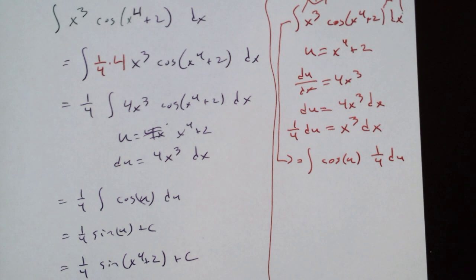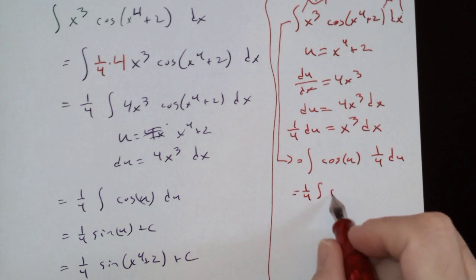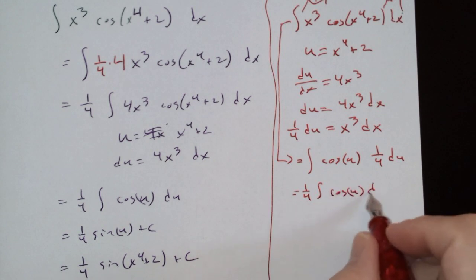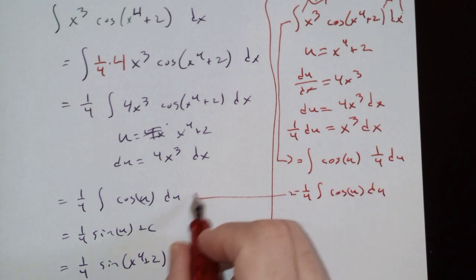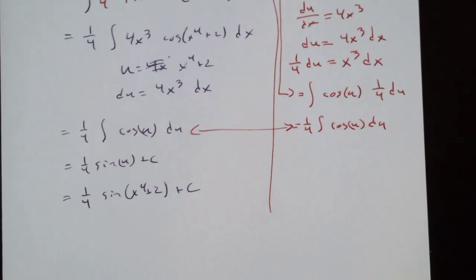And I will do exactly the same thing with the 1/4 that I did over here on the other side of the page. I'll take the 1/4 out front. Notice we are in exactly the same spot, regardless of which way we went about this.